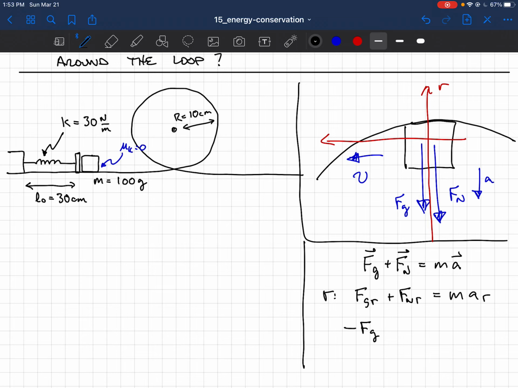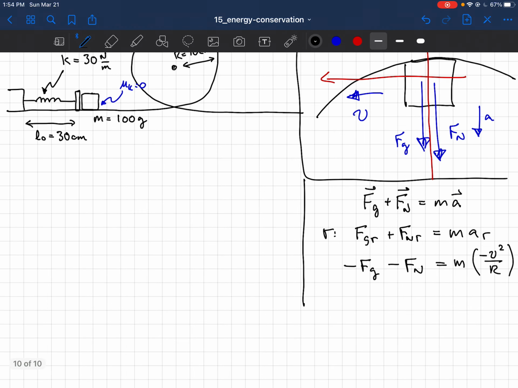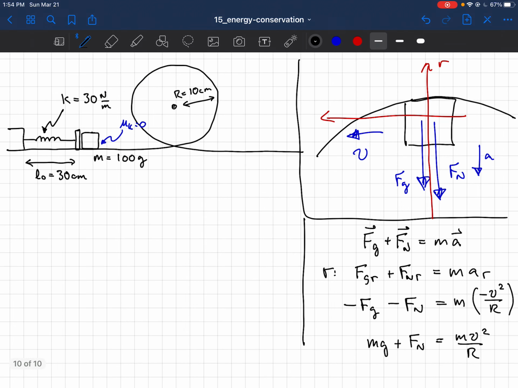Fgr is negative, it's minus Fg. Fnr is also negative, it's minus Fn. And ar is negative, but we know exactly what it is. That's what we learned in circular motion problems, that it's exactly minus v squared over r. That's why we choose the r axis. And finally, we find that mg plus Fn is equal to mv squared over r. So that's our circular motion problem for the block at the top of the loop-de-loop when it's on the inside.